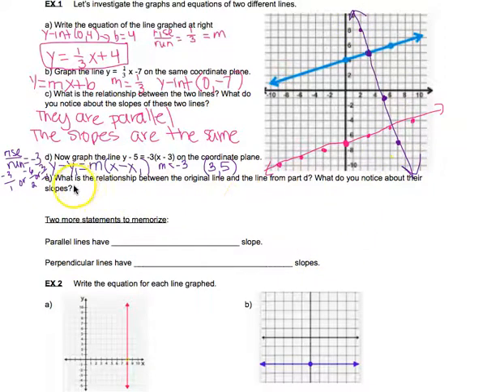All right, so when we look, part E, we've graphed it, which was the end of part D. Now part E, what is the relationship between the original line, so the one that was in blue, and the line from part D, which is in purple? So what we should notice here is that it looks like they're making a corner.